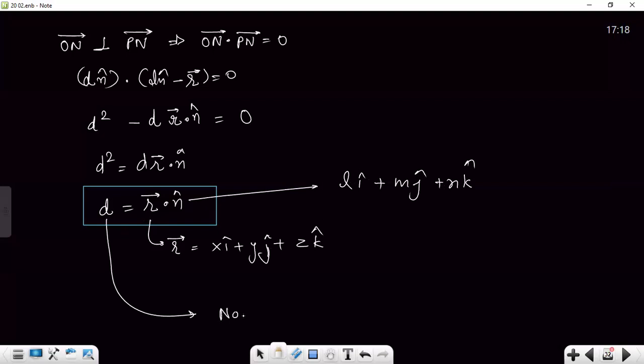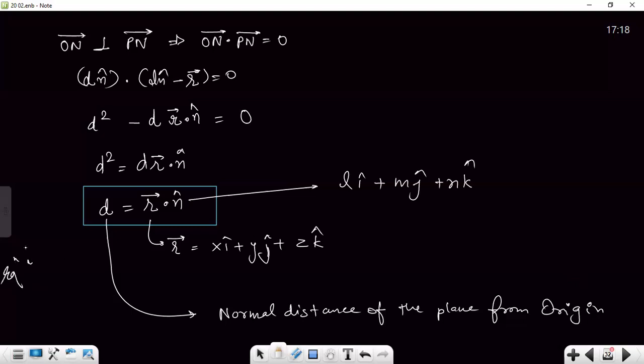It is the normal distance of the given plane from origin. Okay, that's it. Simple. This is the equation of plane in vector form.